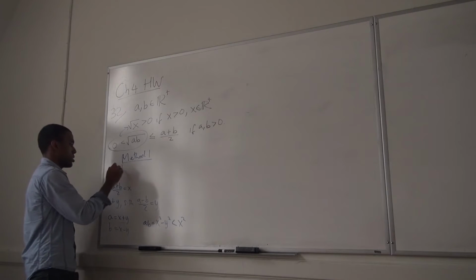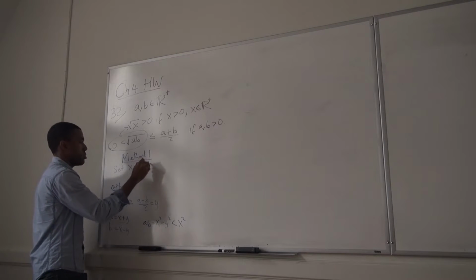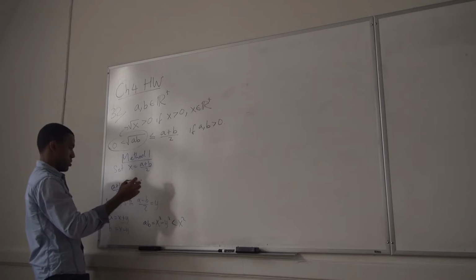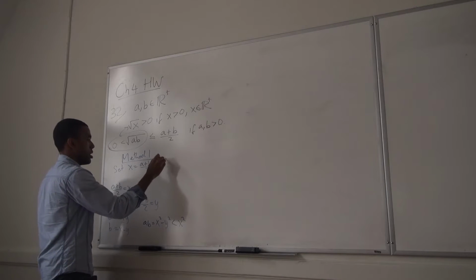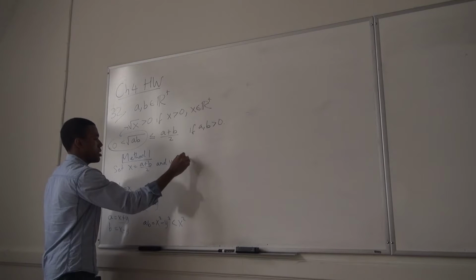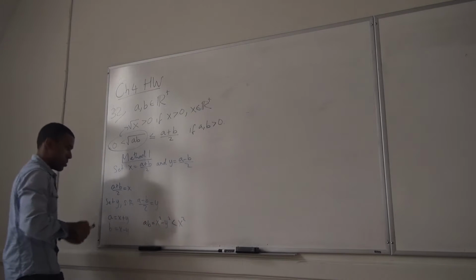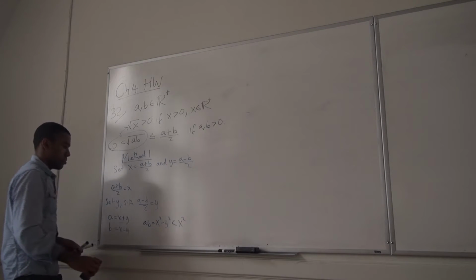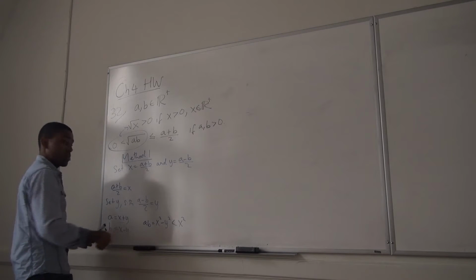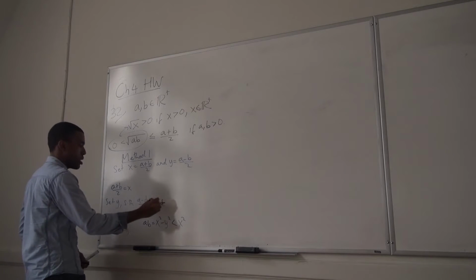So set x equals a plus b over 2, and y equals a minus b over 2. How did you come up with this for y?